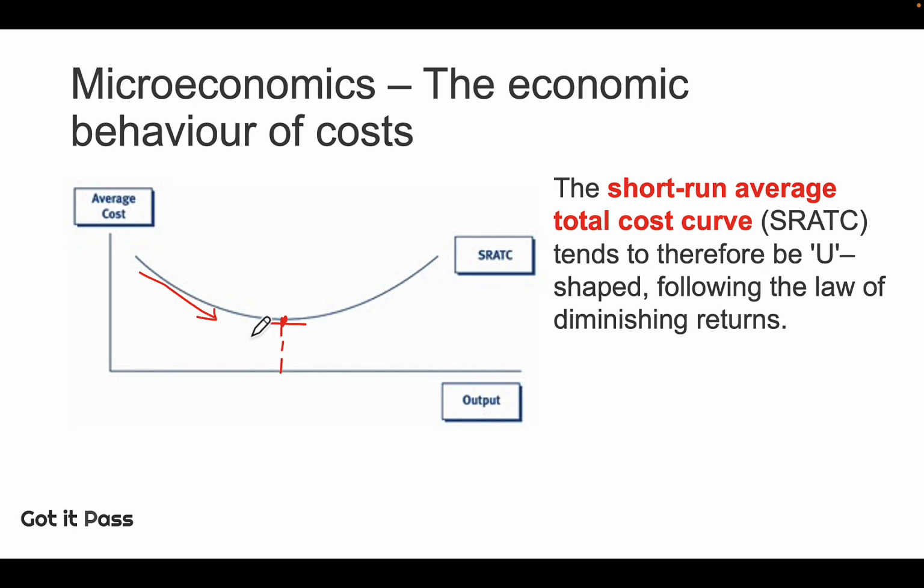Even after that, you can increase the output, but you have to suffer a higher average cost, because when you add more labor or other variable factors into the production line, it can increase the output a bit, but the marginal product that an additional labor can contribute is less than before. So the total average cost will be increased gradually after this optimal point. This is the optimal point.